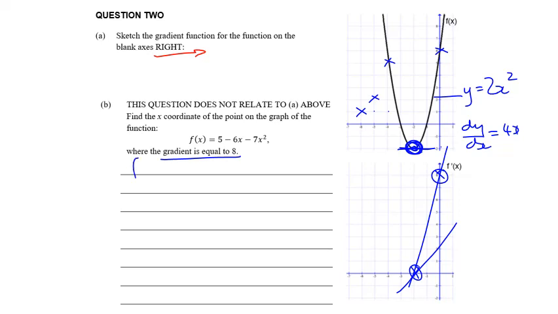Okay, so I've got f dash x, which is negative 6 minus 14x. That's the gradient. That part there equals 8. Wonder where the 8 comes from. On the question, it's saying equal 8.